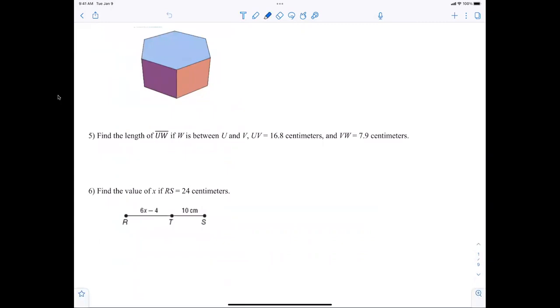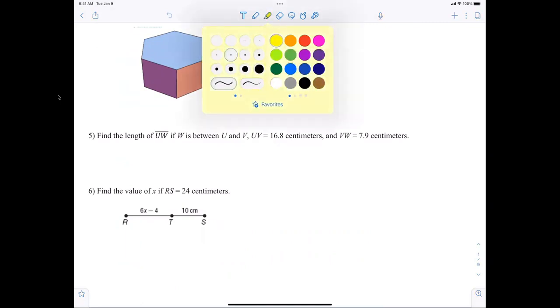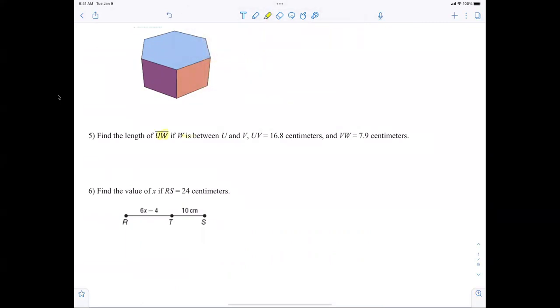Now remember on the test tomorrow, you have to be careful to make sure that you answer the right question. So UW, W is between U and V, therefore, the segment addition postulate says that UW plus WV is equal to UV.